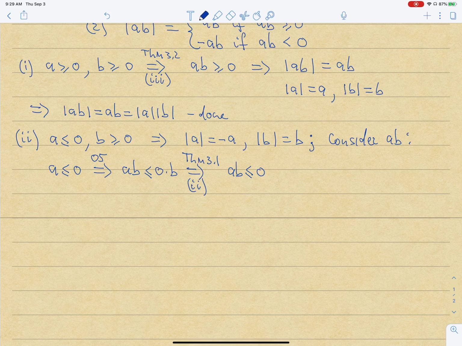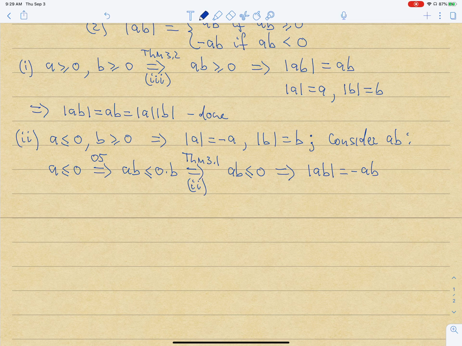And if AB is less or equal than 0, then by properties of absolute value, the absolute value of AB is equal to minus AB. All right.